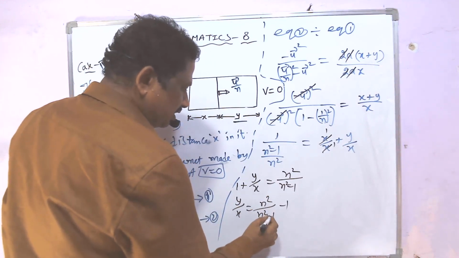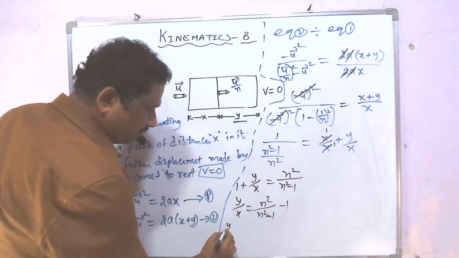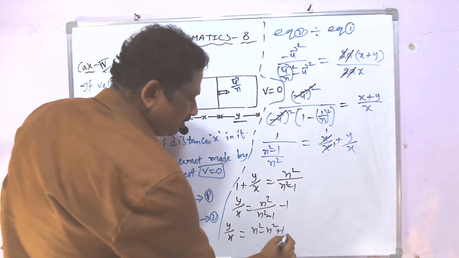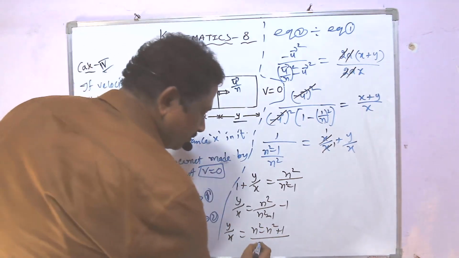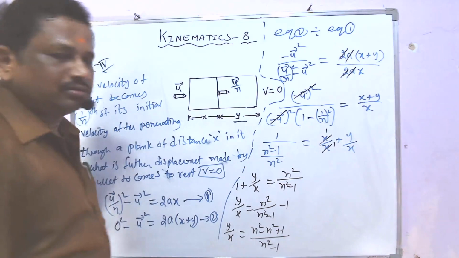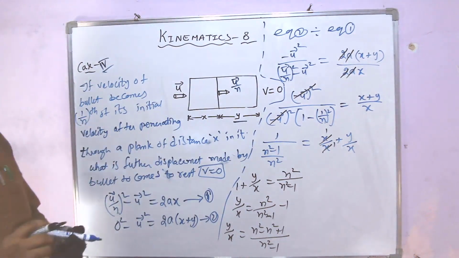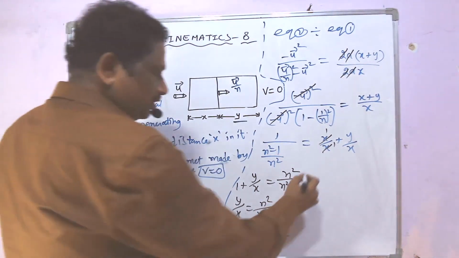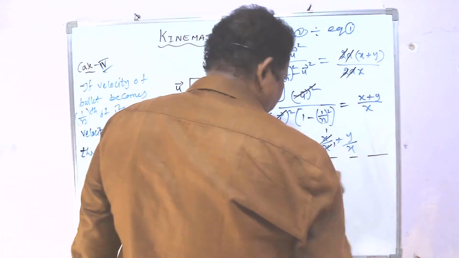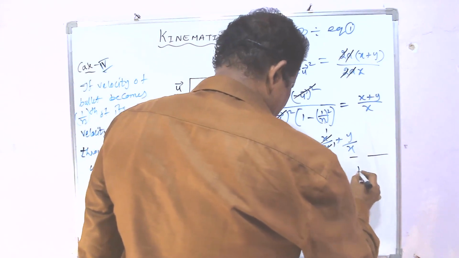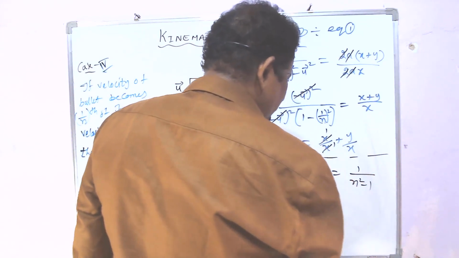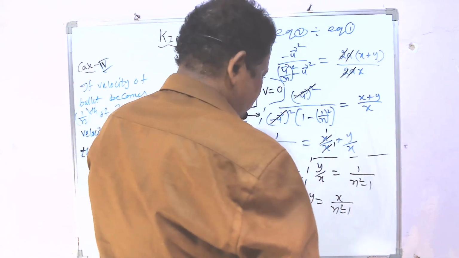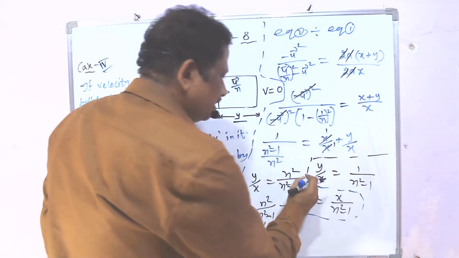Taking the LCM, y by x is equal to n square minus n square plus 1 by n square minus 1. Careful observe, plus n square minus n square gets cancelled. Send the x also to that side. So y by x is equal to 1 by n square minus 1, so y is equal to x by n square minus 1, which is the required result.